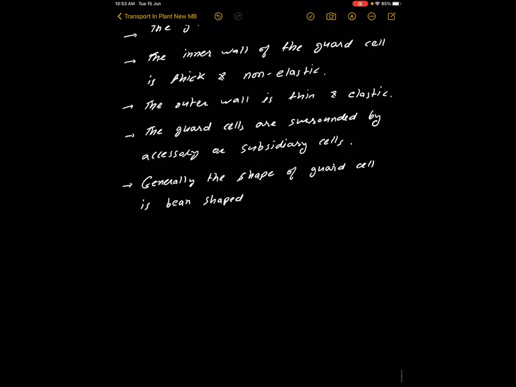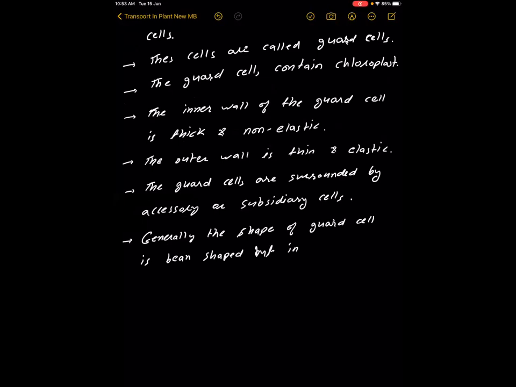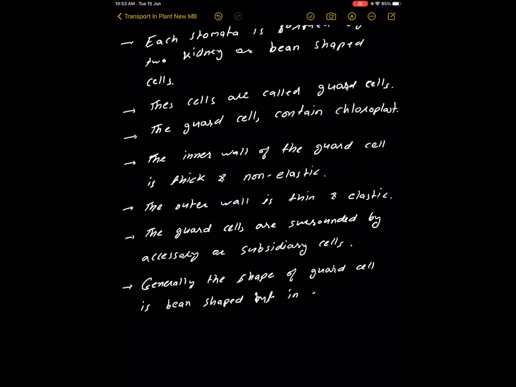There's a comparison. So generally, a guard cell's shape is bean shaped, but what are the accessory and subsidiary cells named as? These are helping cells. I will show you in the diagram.